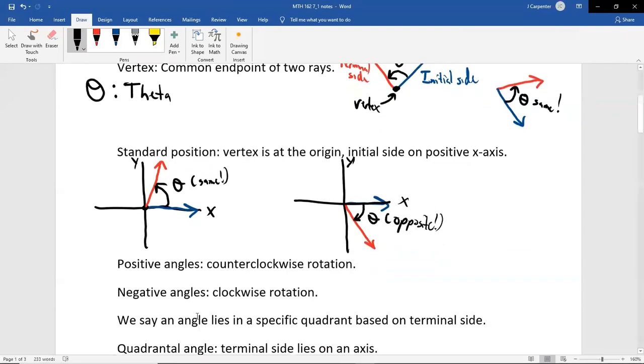We say that an angle lies in a specific quadrant based on the terminal side. So you should have heard of quadrants in the past. Very quickly, and just with the abbreviation of Q, the top right is supposed to be quadrant 1, the top left is supposed to be quadrant 2, the bottom left is quadrant 3, and the bottom right is quadrant 4.